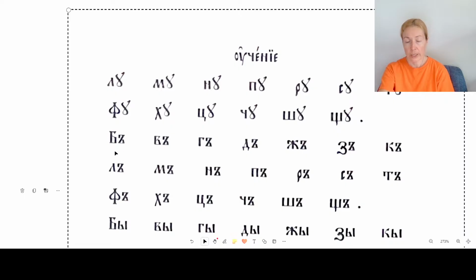But now, in Church Slavonic, when it's not Old Church Slavonic, and you see this kind of syllable, you actually just read them: B, V, G, D, Ž, Z, K, L, M, N, P, R, S, T, F, H, C, Č, Š, Š.